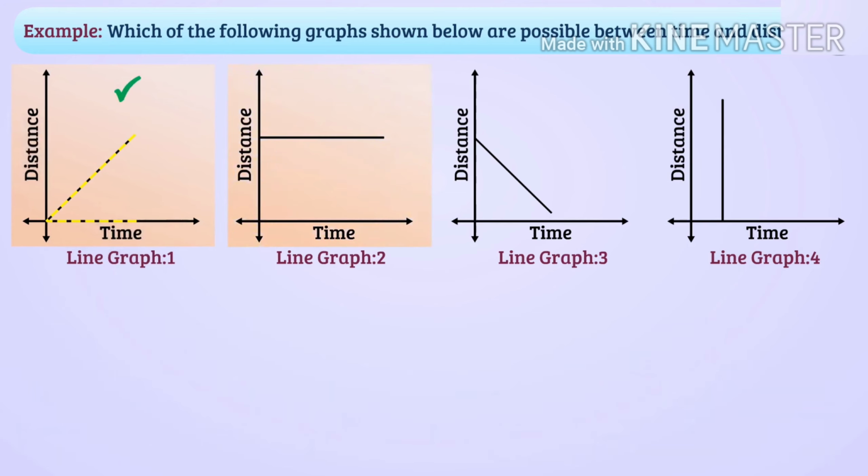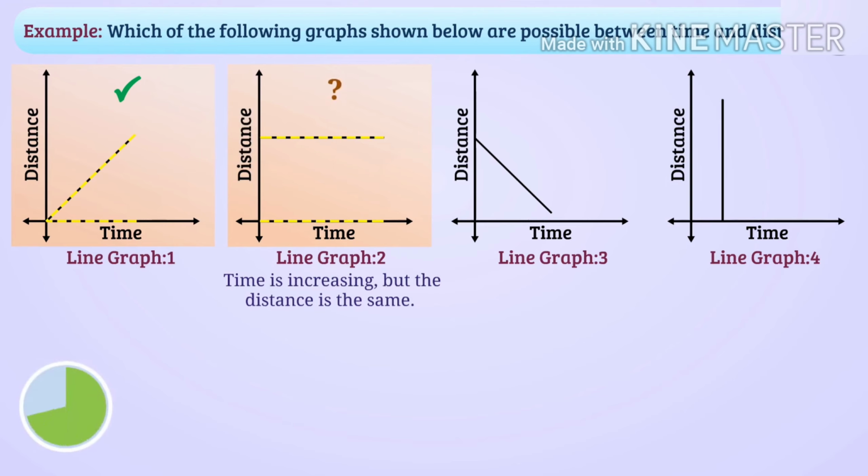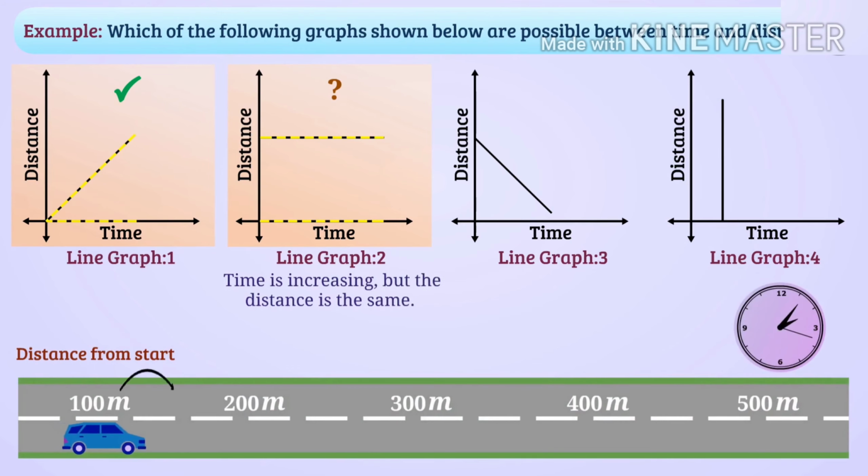Now come to the second one. In this, time is increasing but the distance is the same. Is it possible? Think about it. As we have seen in the first example, the distance is increasing with time, correct? But is it possible that the distance is not increasing with time?